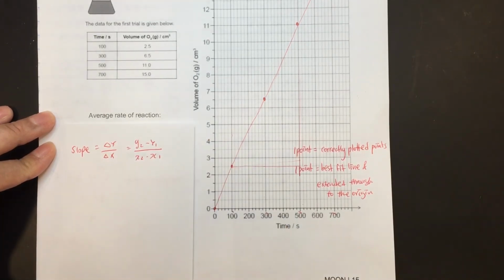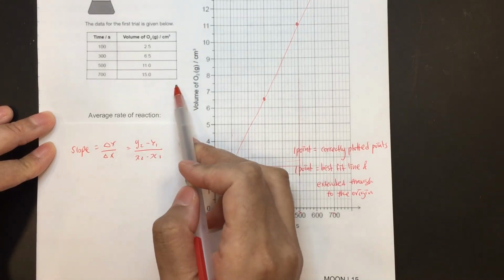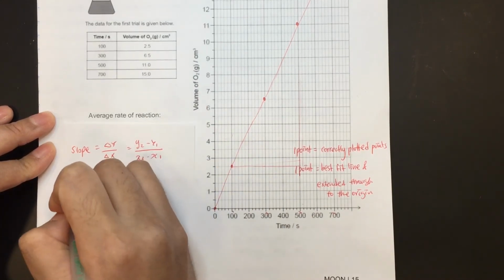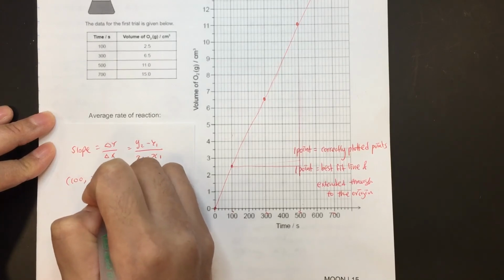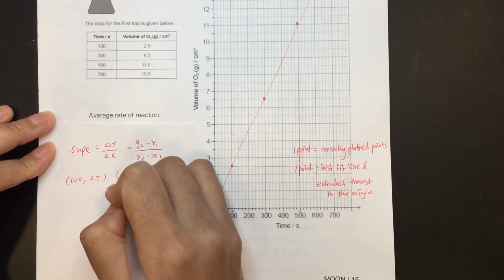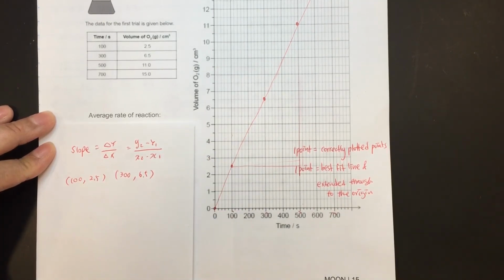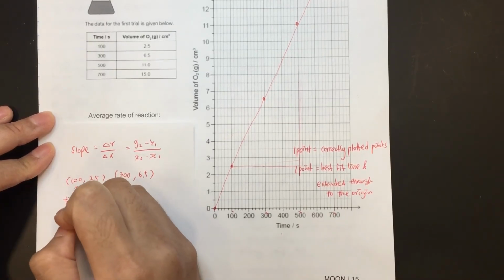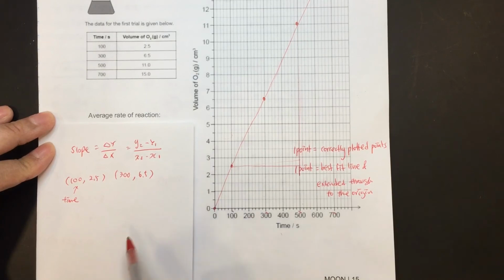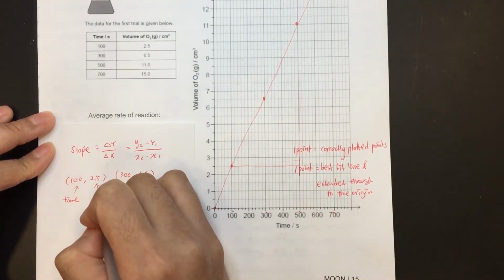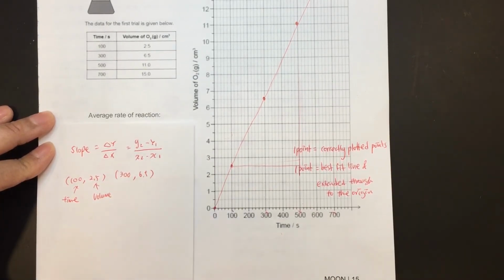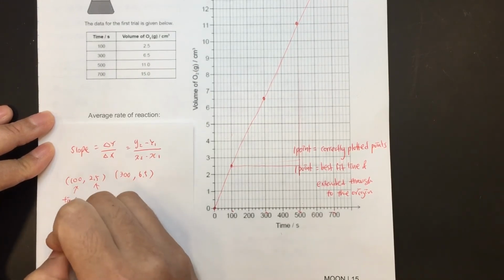For this case, I'm going to use 2 points from this table, which are 100, 2.5 and 300, 6.5. Our x value is time, so that's the reason why I'm using time as my x value, and the y value is the volume of the oxygen gas.